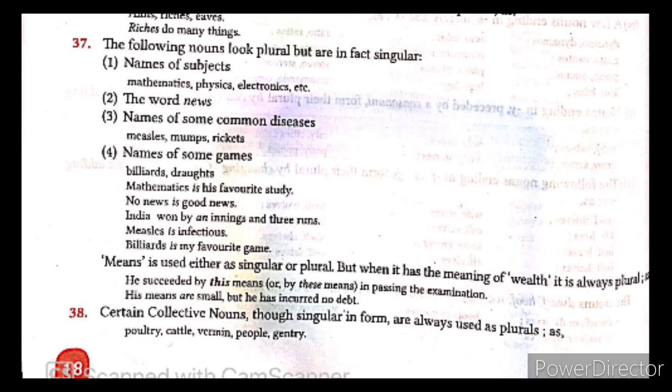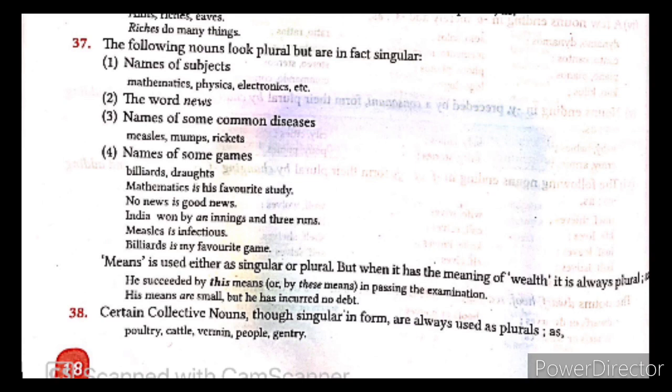Now, certain collective nouns, though singular in form, are always used as plurals. Clear? You know, collective nouns are groups of similar things. Though it is singular in form, its formation is like a singular noun, but it is always used as plural. For example, cattle, people, poultry, gentry.